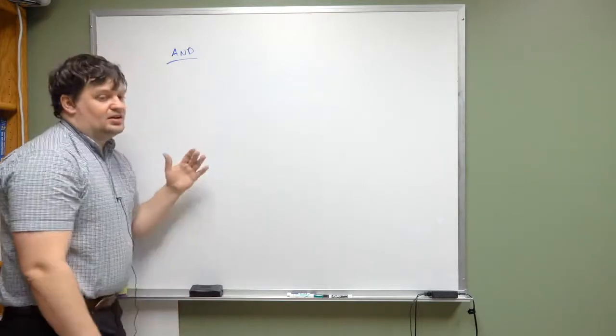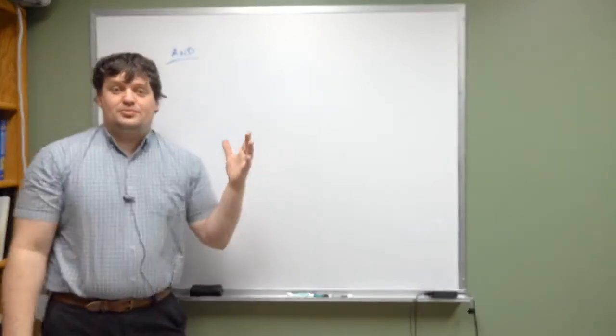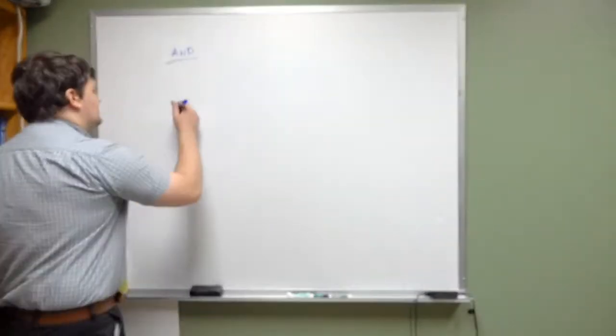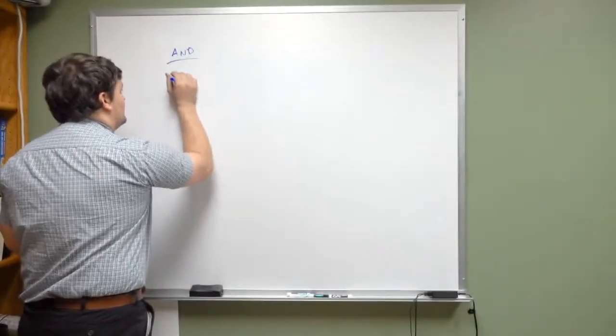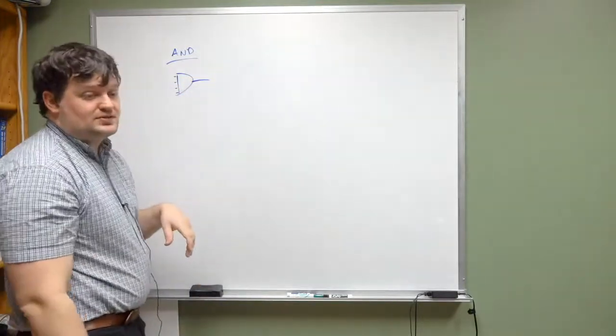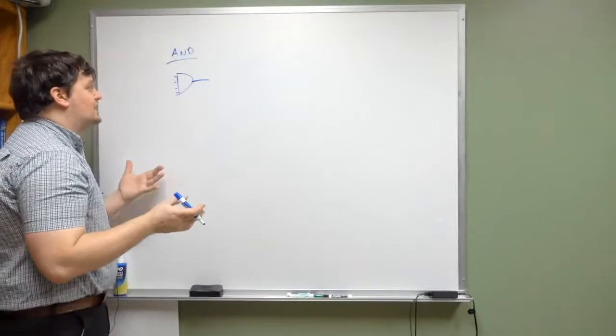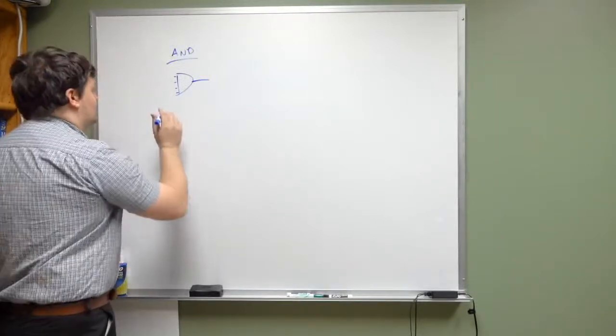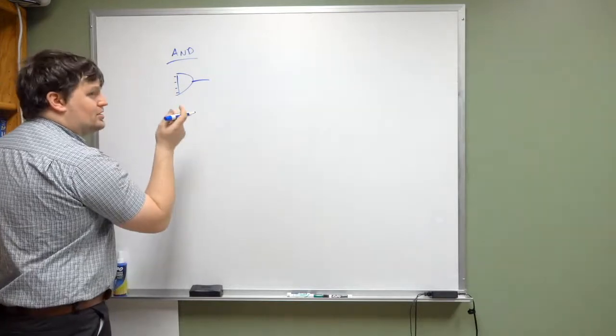With an AND gate, it produces an output of true when all of its inputs are true. So let's say you have a 4 gate AND gate, but you only have 3 inputs. If you have a 4 gate AND gate and only 3 inputs, you're going to have to jump one of your inputs to another wire. That's not going to hurt anything.